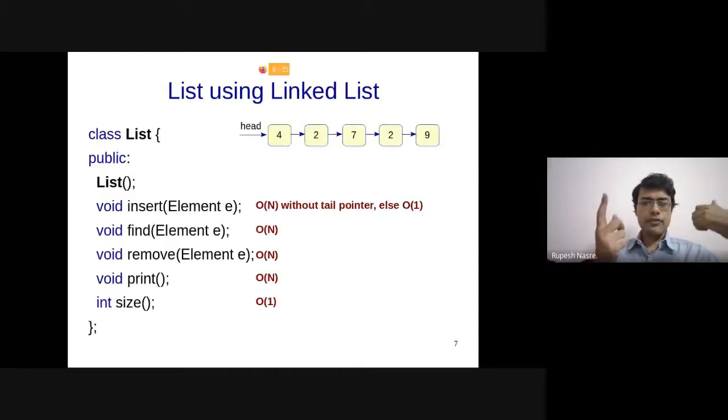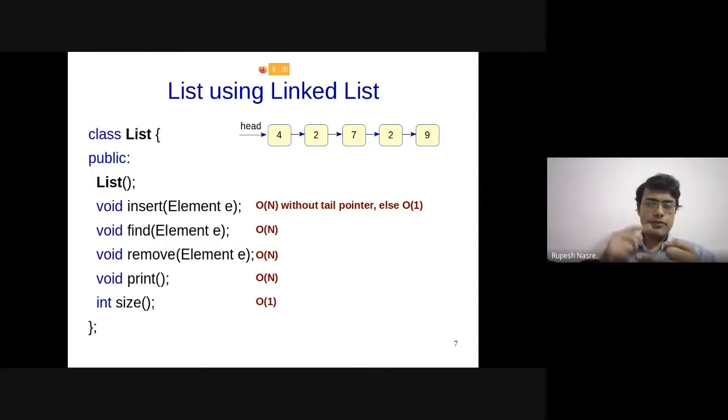It need not be a single value. For example, if it's a student node, you can have the name of the student, roll number of the student, the faculty advisor of the hostel, etc. All of this bunched together forms one structure of the node. And along with that, there will be one pointer which is pointing to the next element in this list.